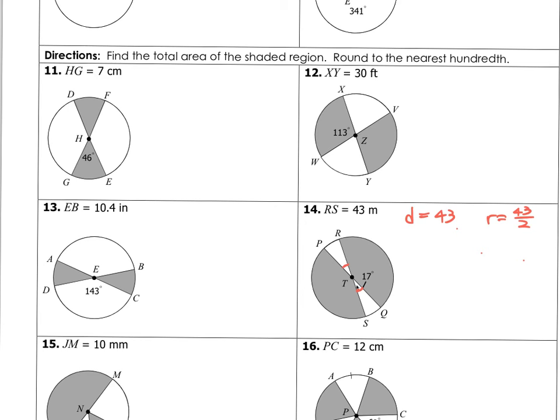But what I really need is the shaded area. So it's simply 360 minus 17 times 2, over 360. That would give me the percentage. Then I multiply it by pi r squared. That's the setup. The rest is all calculator work. And the final answer is 1315.05 square meters.